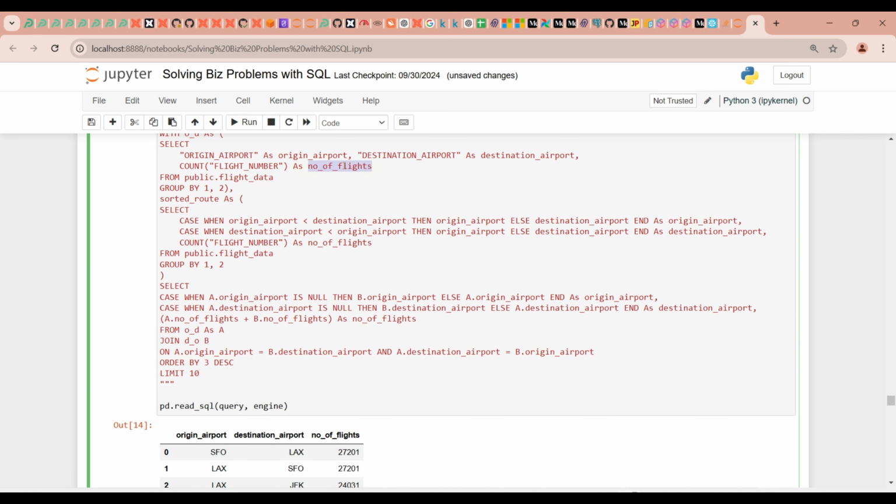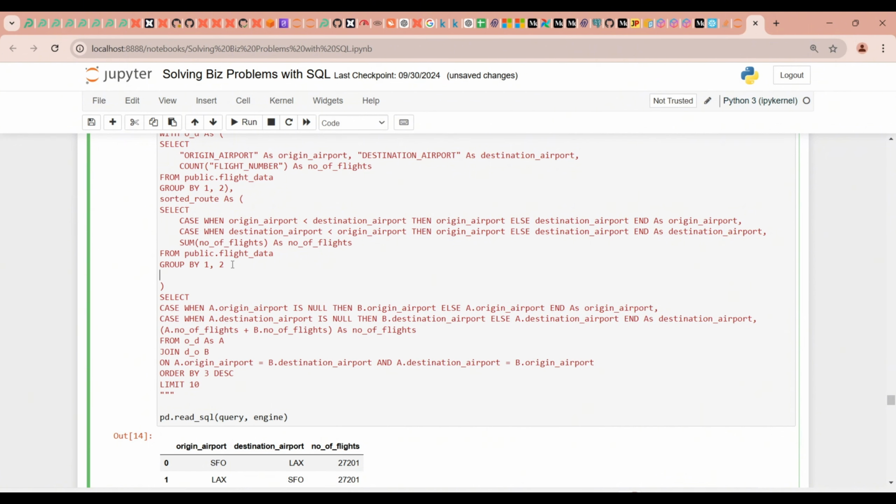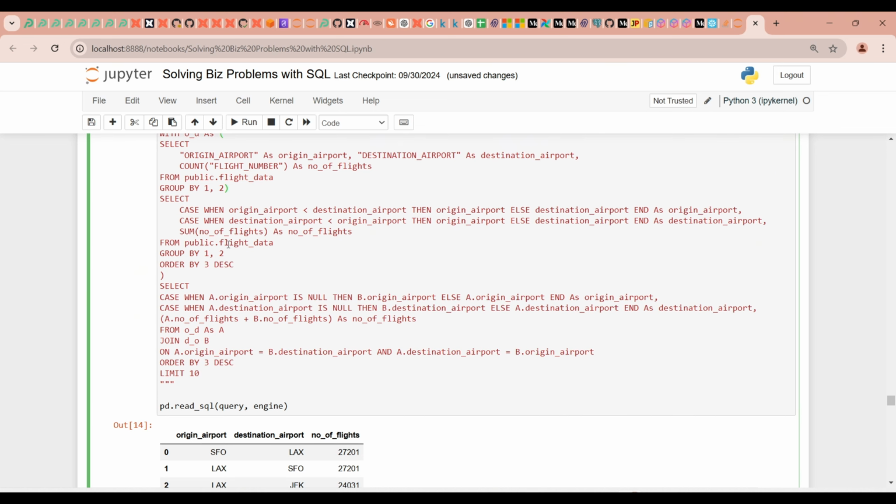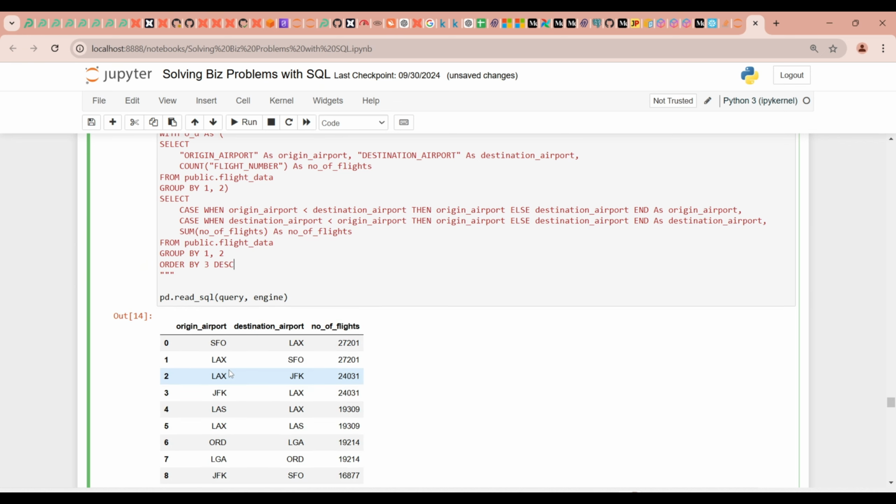Then we will sum the number of flights. Use sum as this here. Group by 1, 2, and order by 3 in descending order. So I don't even need this sorted route or anything, I will just remove this part now.